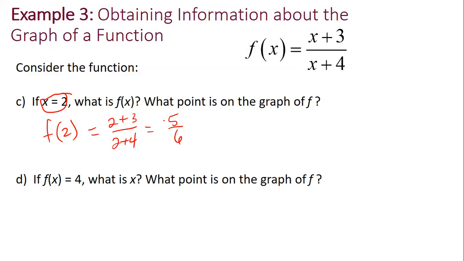So my answer is, what is the value? What is the point? So when I'm writing it as a point, it becomes (2, 5/6). So f of 2 equals 5 over 6. What is the point? The point is (2, 5/6).